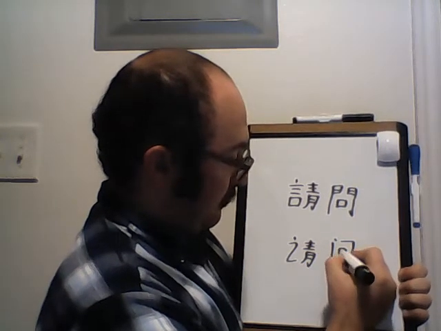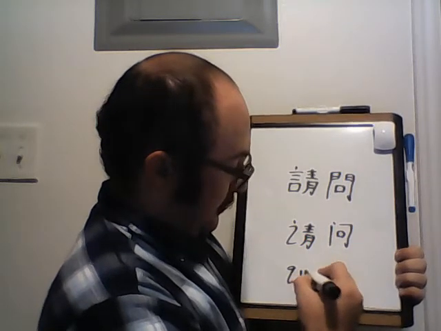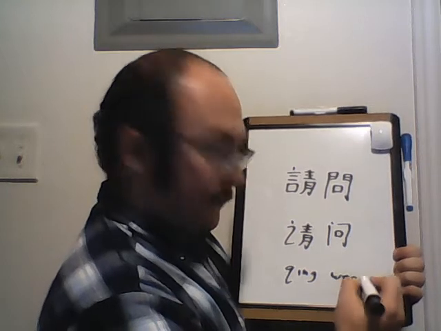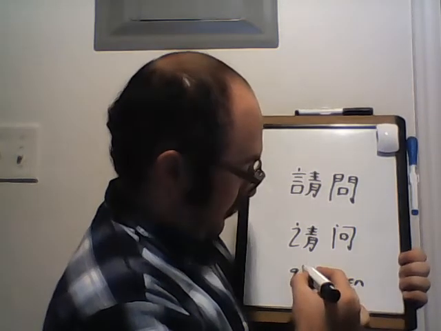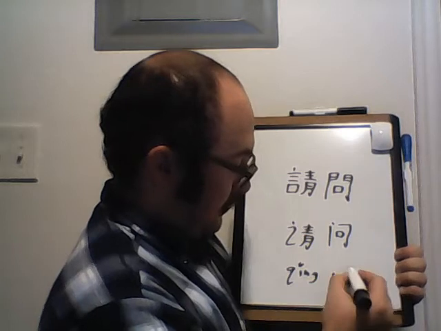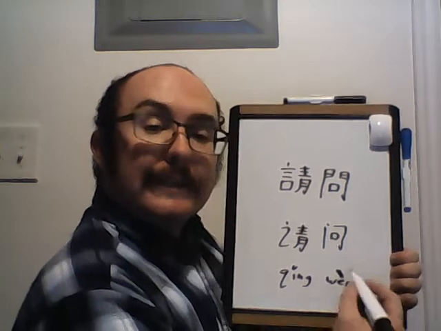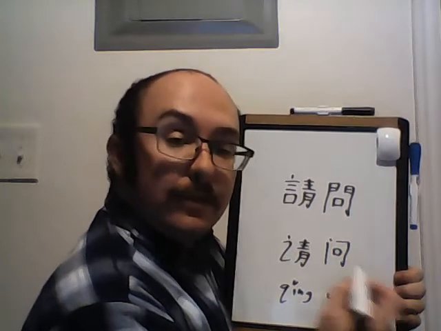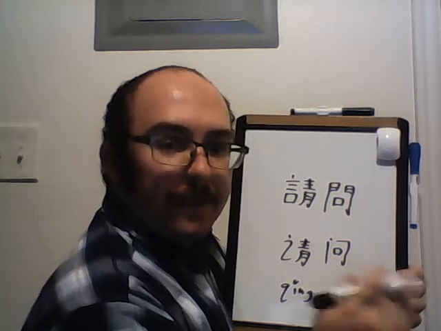Okay, and this is qing wen. And this one, you really need to make sure you say this right, or people are going to think you're really weird.